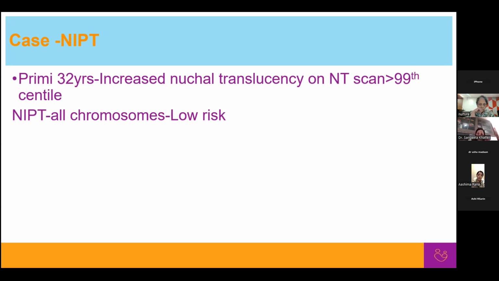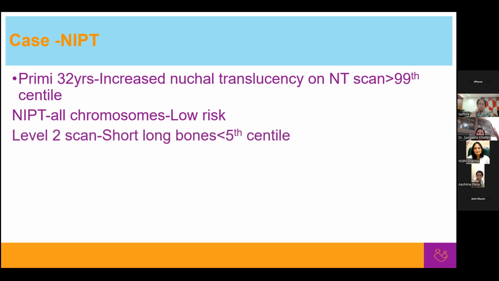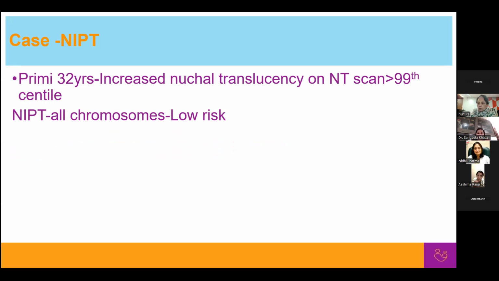So both the options are okay. If we do an early scan, we can find out what abnormalities the baby is going to develop. This will help in targeted tests, phenotyping, and finding out which genes to look at. That is my take on most of the time.